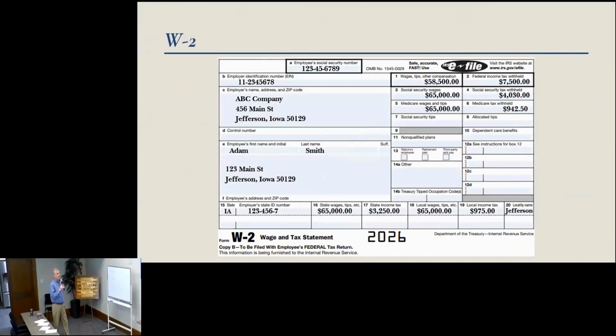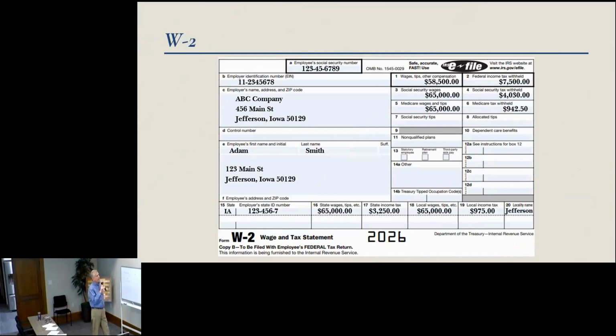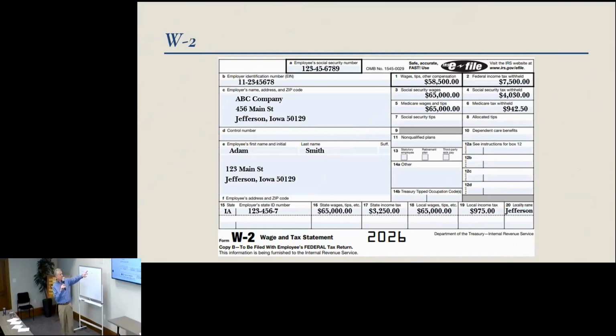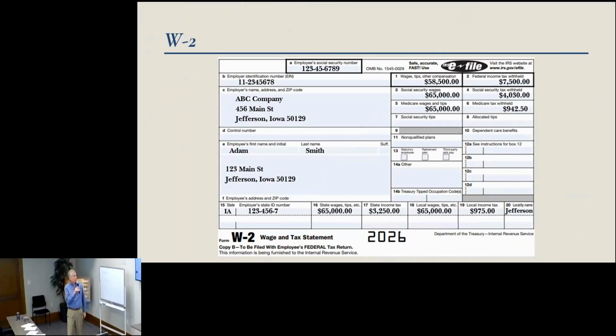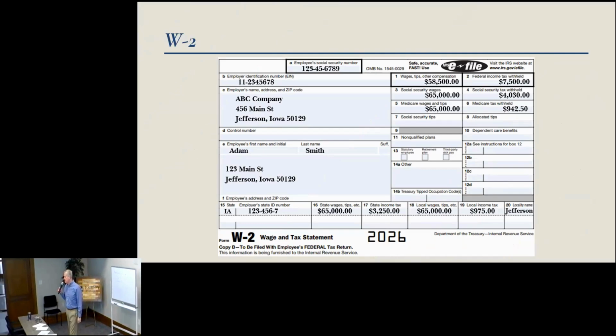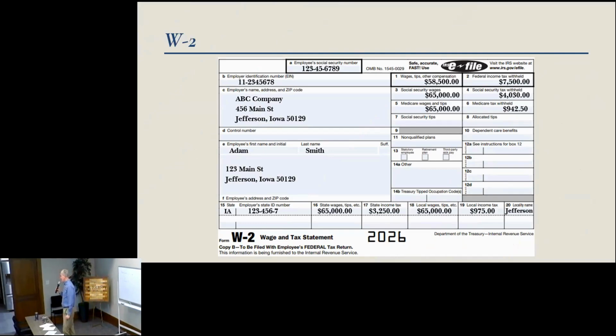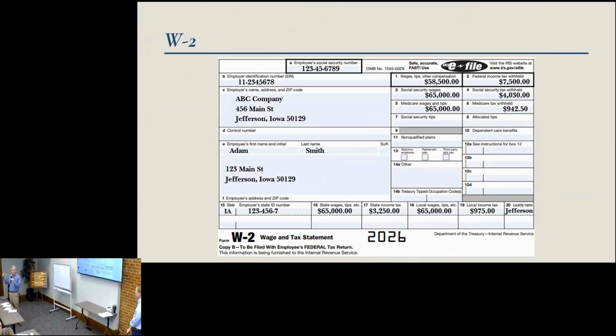W-2 wages. Now, this is really important to point out: this particular person, and this is not Adam Smith, our tax adjuster, this is just a made up name. In this particular situation, we're looking at somebody who has gross income of $65,000, but they're putting $6,500 into a 401(k). A 401(k) contribution before tax is an above the line deduction.